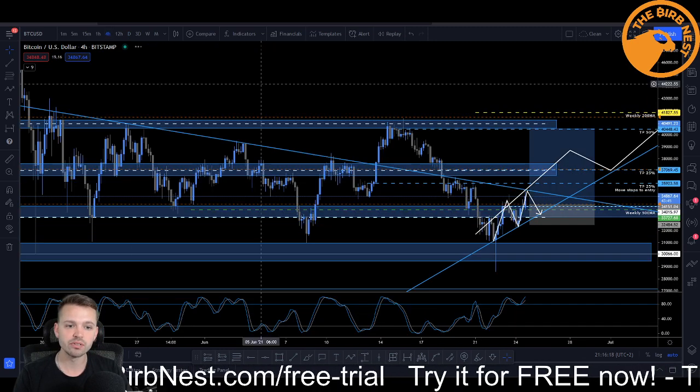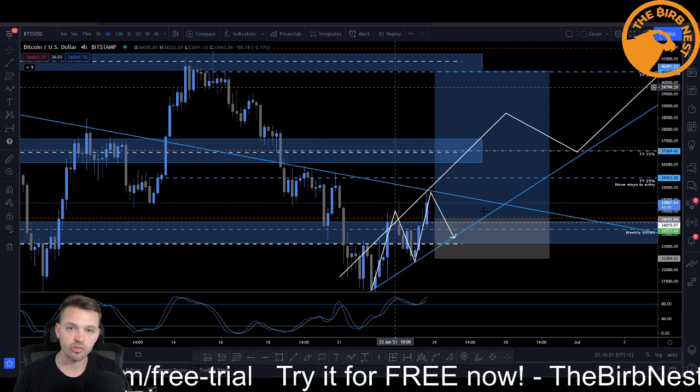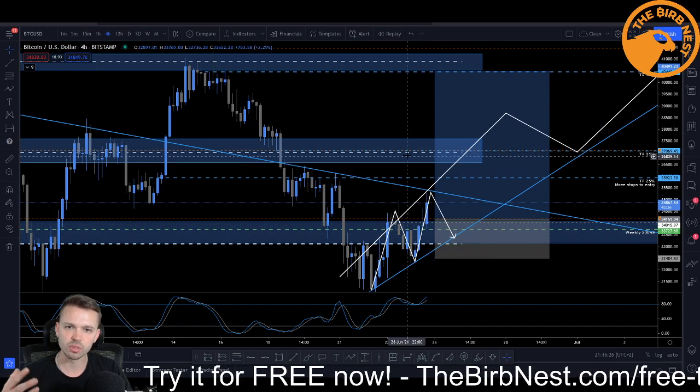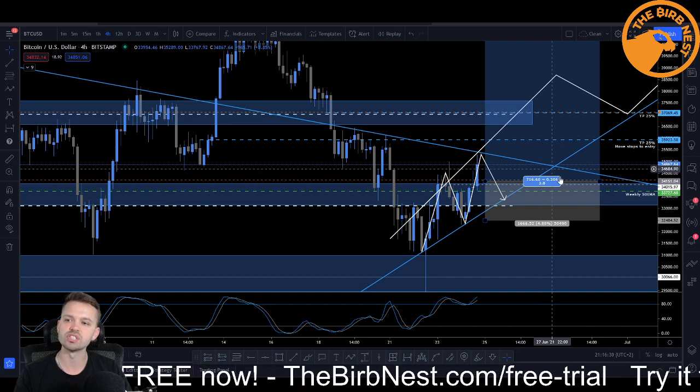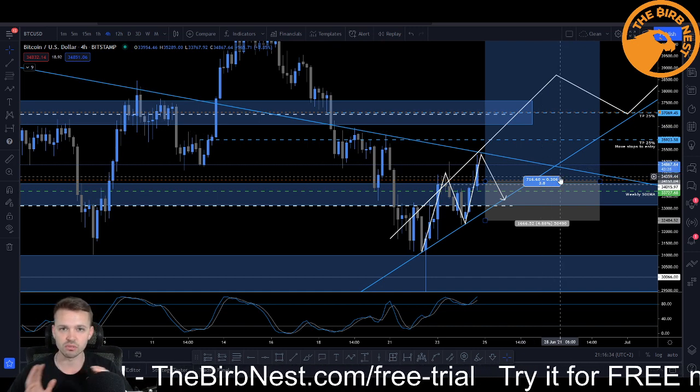So be prepared for a potential retrace down to the 34k area, and when we hit that level, you want to look for some confirmations to go long. If you're patient enough and you can see a 4-hour bullish engulfing or a 4-hour stochastic bull cross, that's absolutely perfect.